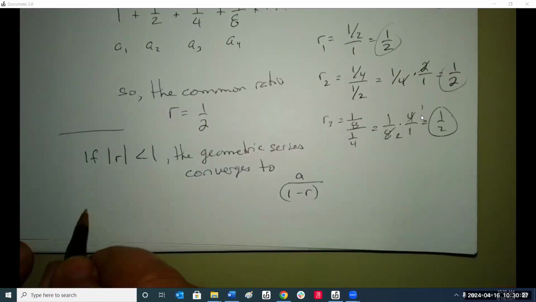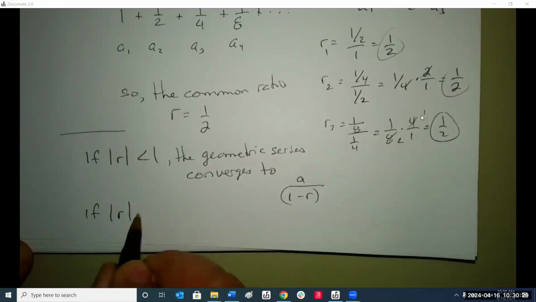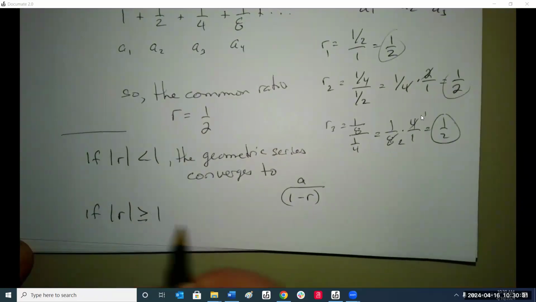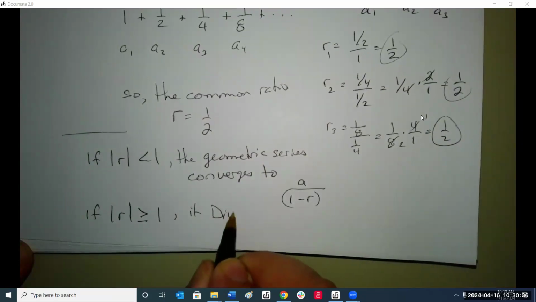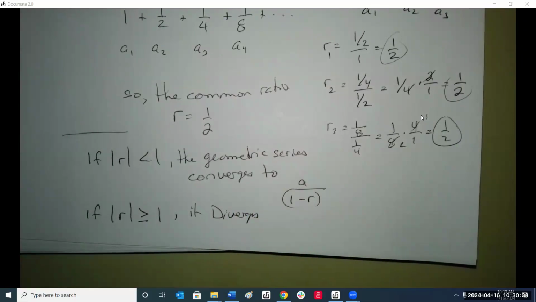Conversely, if it's greater than or equal to 1, it diverges, because it keeps on going forever and ever.